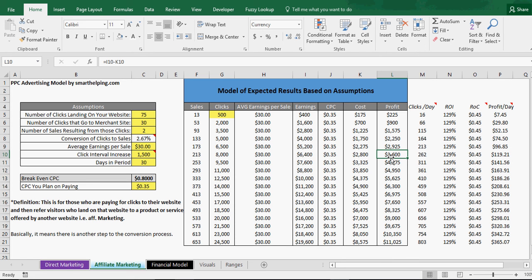That's a giant percentage skip in how much you're earning. So you need to put a lot of time and effort into making sure you have your structure set up so the most amount of people are landing on the merchant site and making the purchase from how many clicks you're paying for.